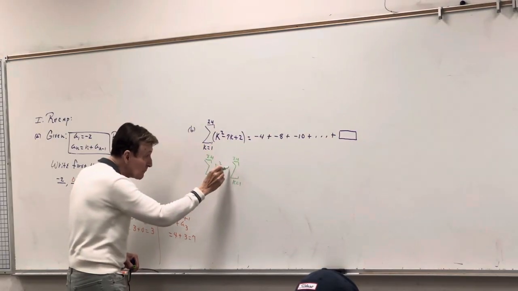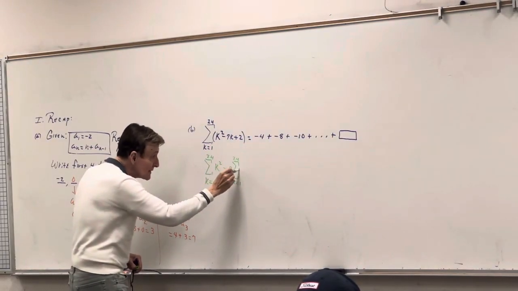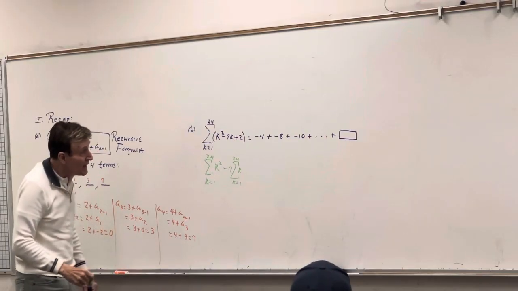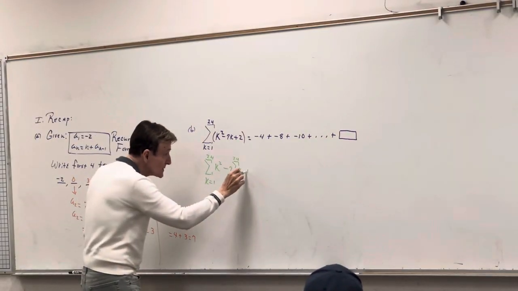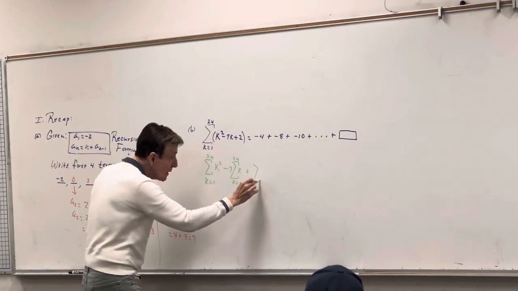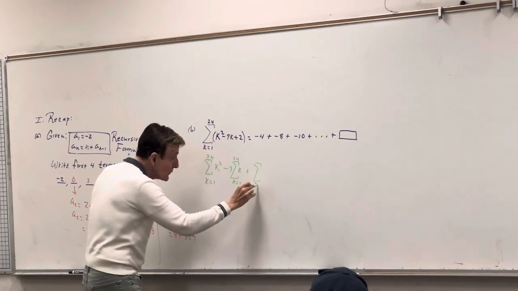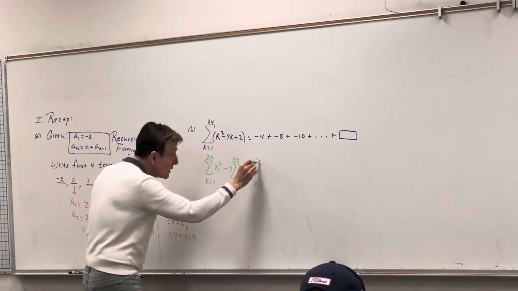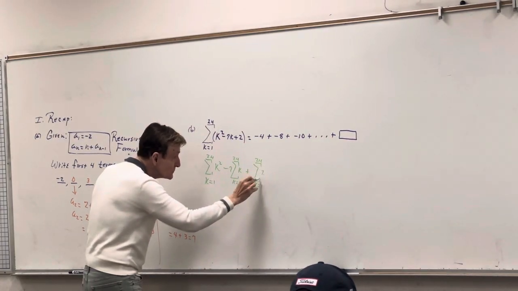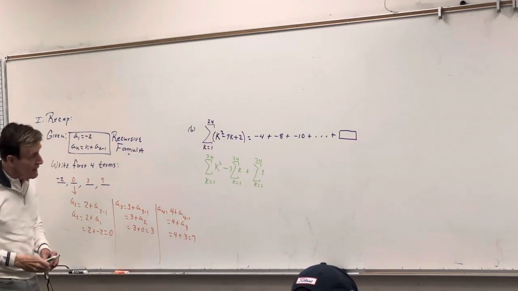Guys, that 7 can be placed out front, which I like. These k inside. And of course on the last one there, plus summation from 1 through 24 of 2. And there it is, separate.